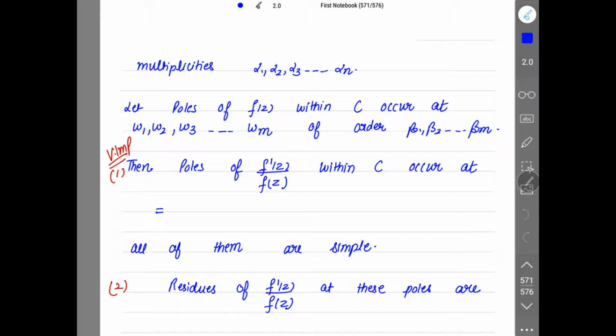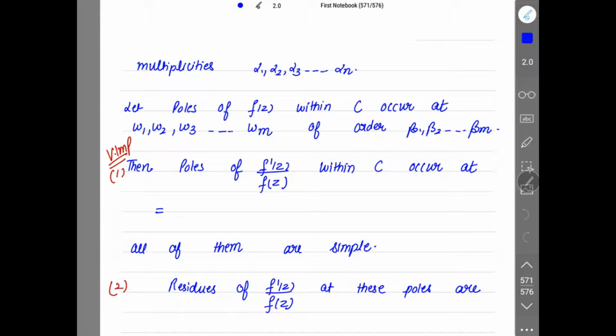Suppose. Now this is very important. Then the poles of f'(z)/f(z) within C occur at. Yes, tell me. Right now we have read that the poles of f(z) occur at w1, w2, w3 up to wm, right?